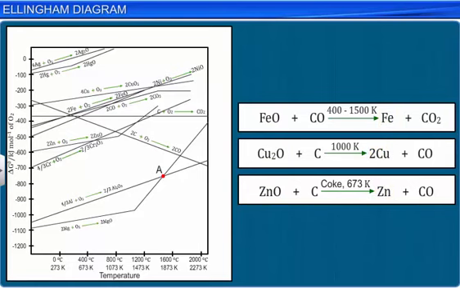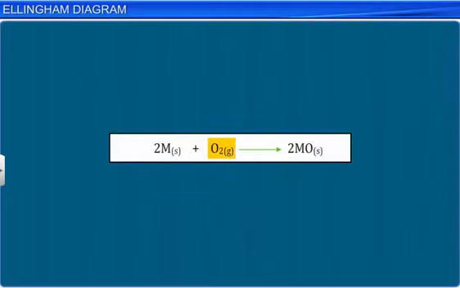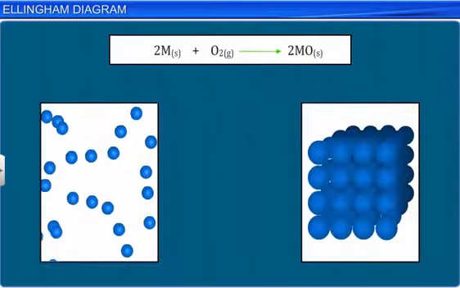The first feature is that the graphs for most metal-to-metal oxide reactions show a positive slope. Consider a reaction such as the formation of an oxide, 2M plus O2 gives 2MO. In this reaction, the entropy or randomness decreases from left to right due to the consumption of gases. Hence, delta S becomes negative.